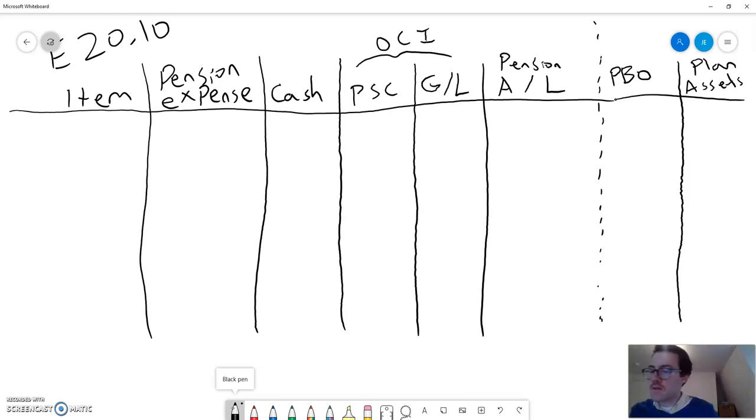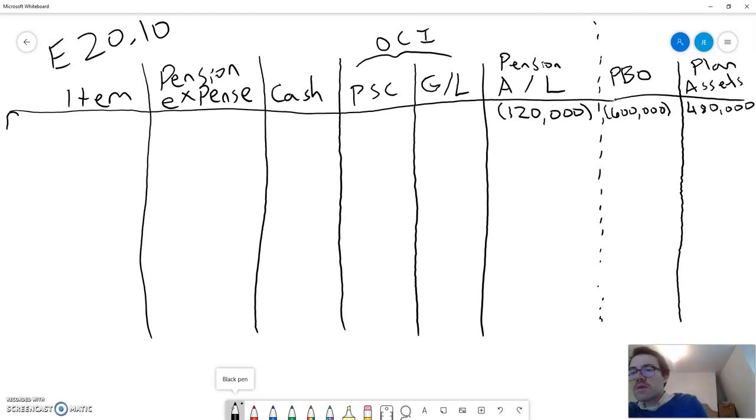Okay, and in this problem they're going to give you the beginning plan assets are 480 and the beginning PBO is $600,000. So our net pension asset liability is a liability of $120,000. And this is all as of the date January 1st, 2020.